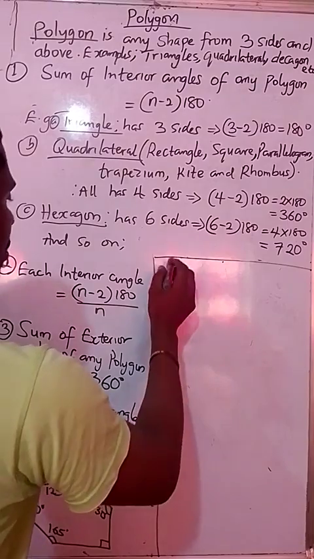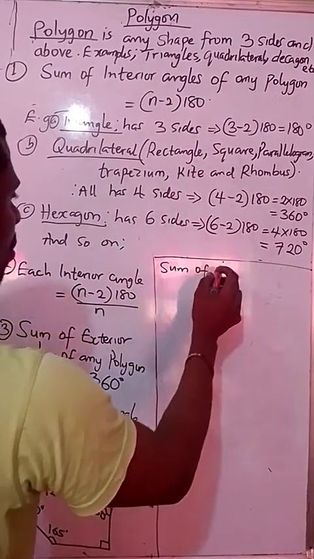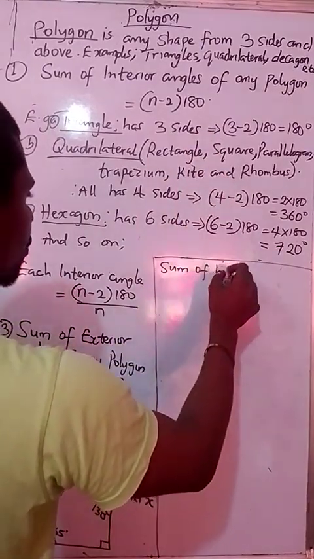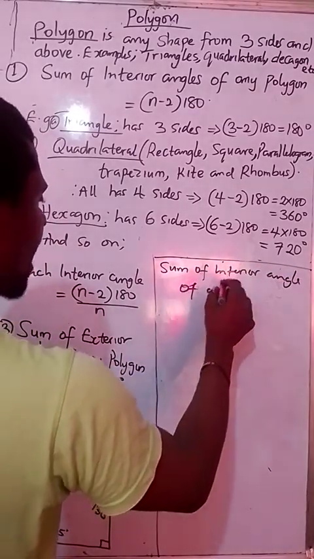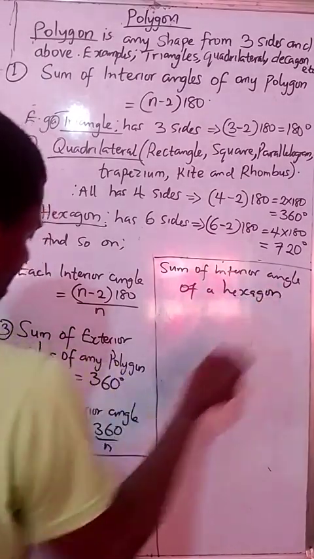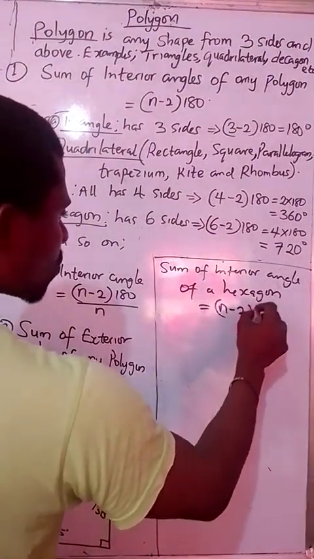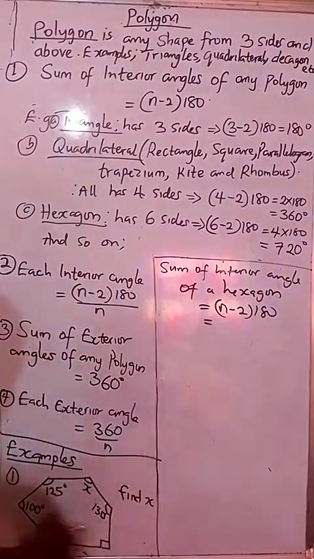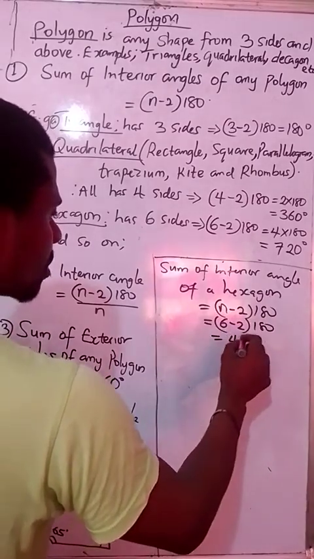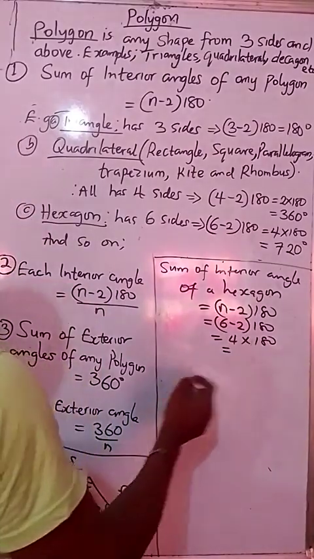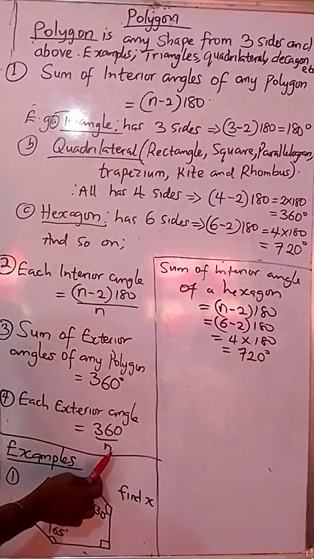So just say the sum of interior angles of a hexagon. Even if you don't know the shape, just say it equals (n minus 2) times 180. What is n? It is 6. So (6 minus 2) times 180. That's 4 times 180, and that gives us 720.